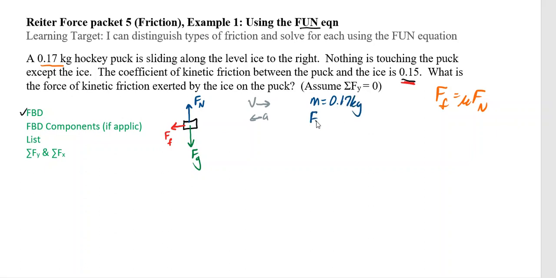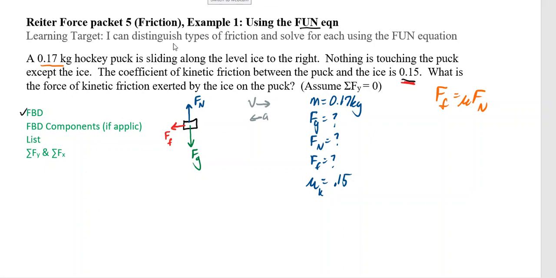I don't know what my gravitational force is, question mark. I don't know what my normal force is, also question mark. I don't know what my frictional force is. Yikes, I don't know a whole lot, huh? But I do know that mu, and that's going to be mu kinetic, by the way, is equal to 0.15. So you say, all right, good. Now what do I do?